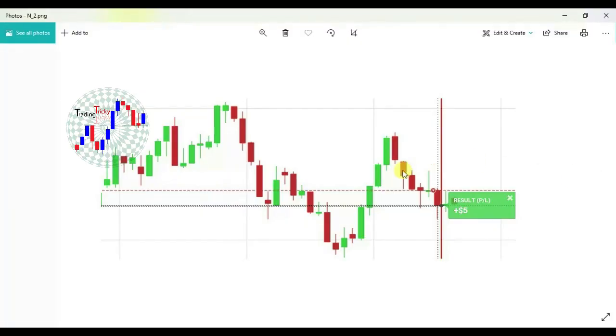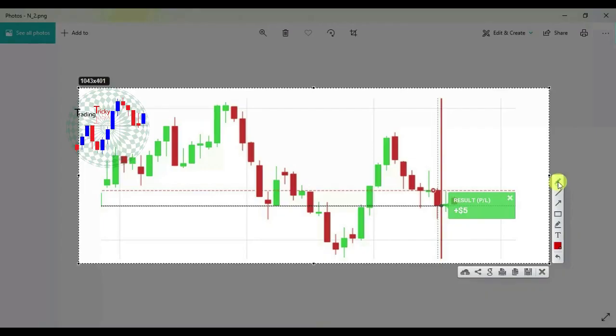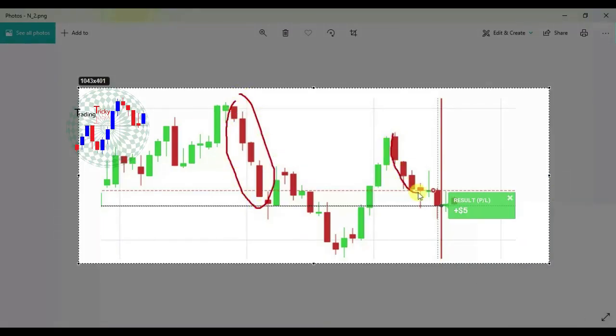Let's see another example here. See the left side. Strong sellers, strong sellers. But from here you can see this is a level, the buyers' entry level, and it was a level 2.